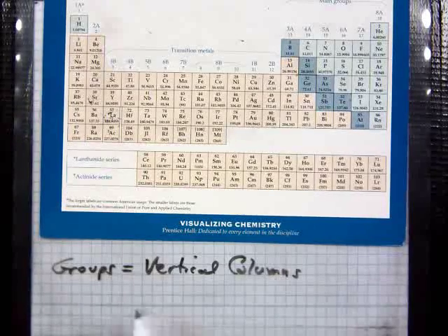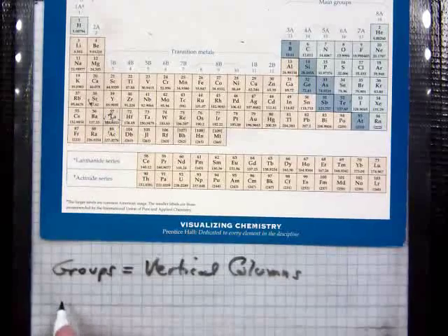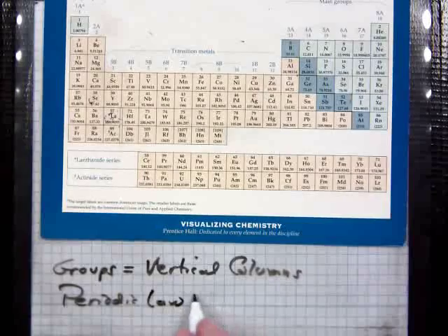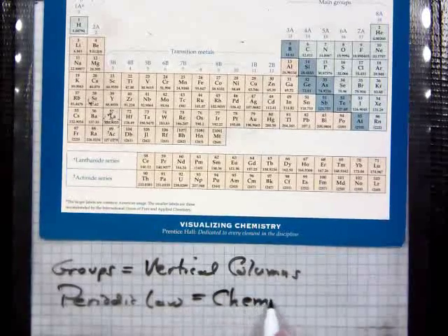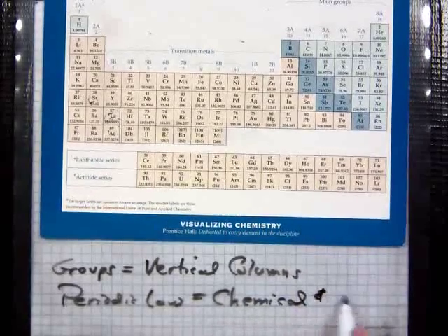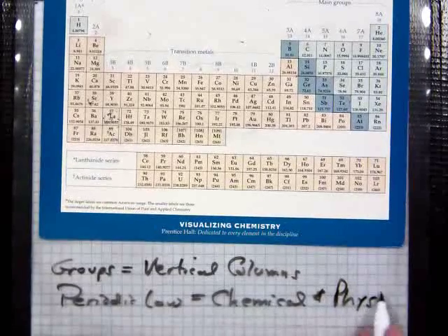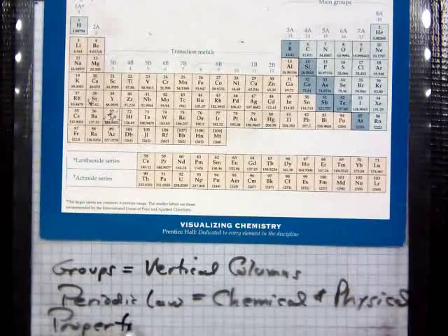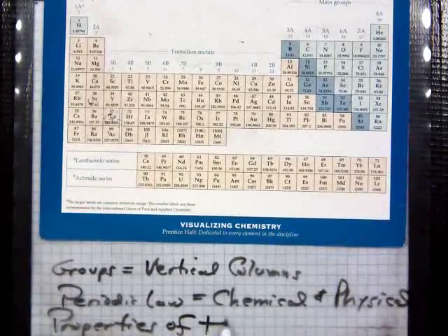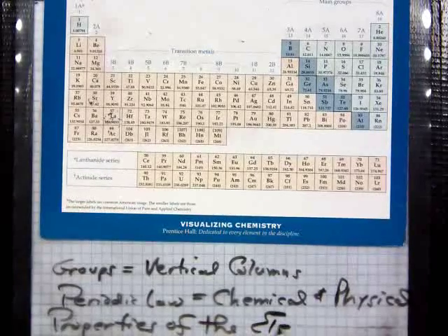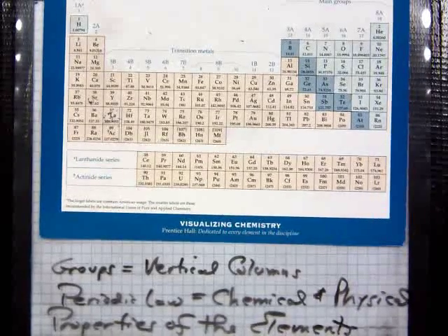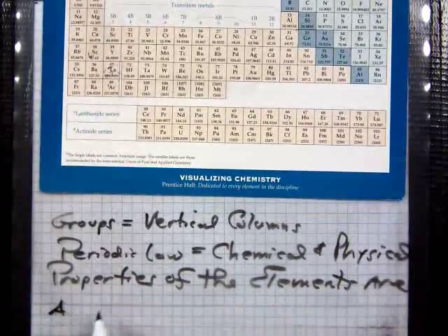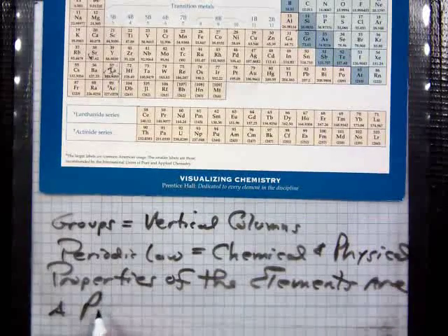Now, out of these vertical columns, we can find that the periodic law states the chemical and physical properties of the elements are a periodic function of their atomic numbers.